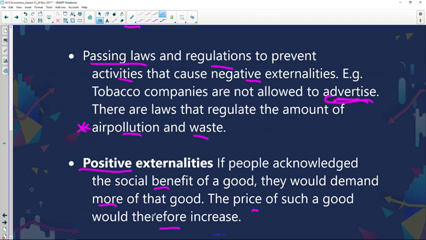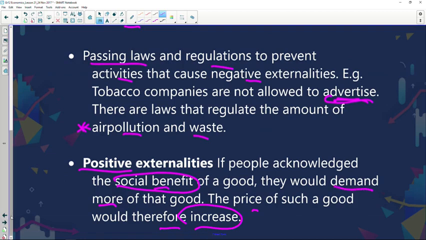Okay, so if people see the social benefit, the value of that good, or what it adds to our comfort and well-being, then this would help to increase the demand for that good. So it's important just to be aware that social benefits do somehow impact the demand for a good or for a service.